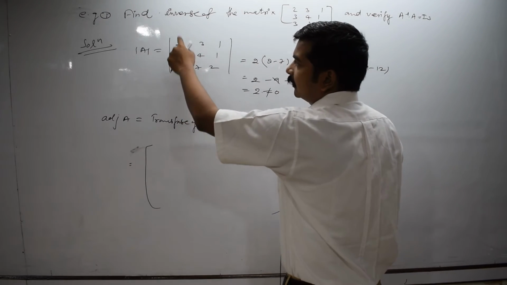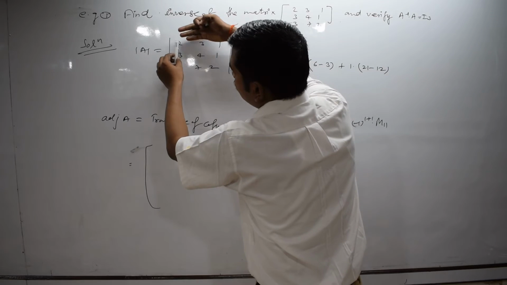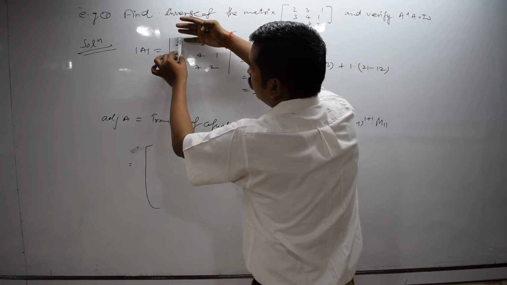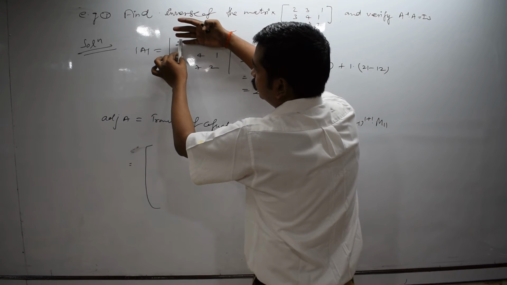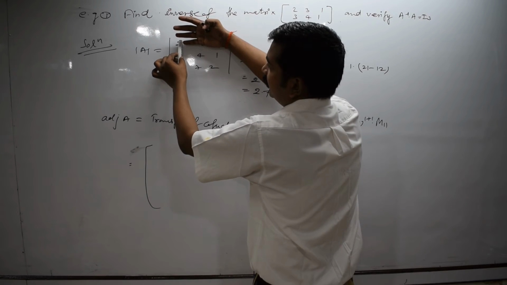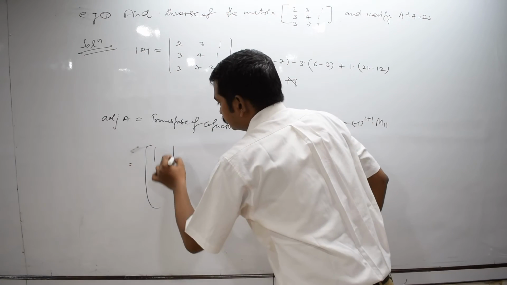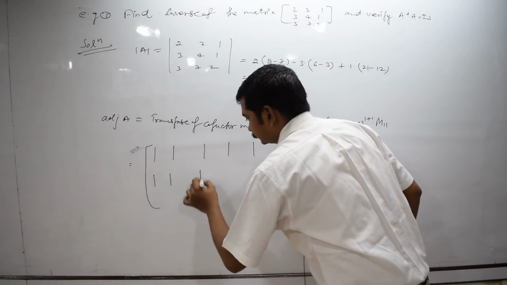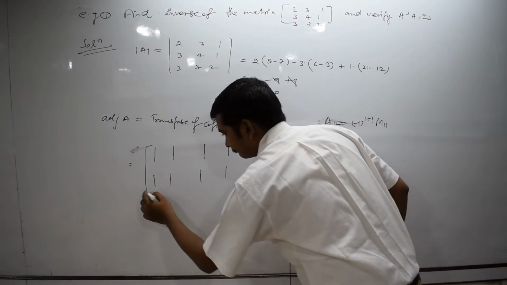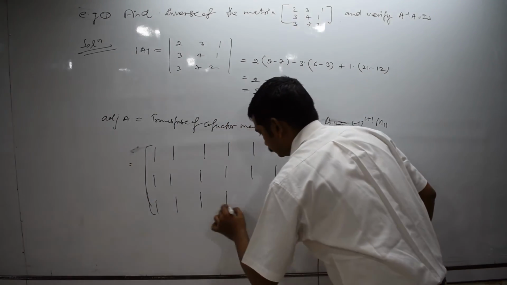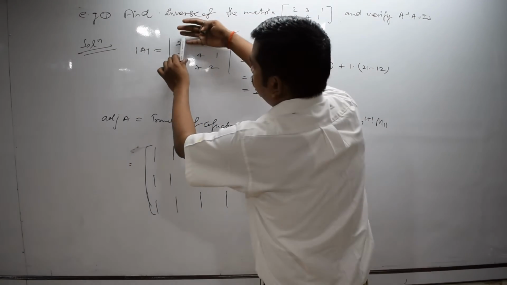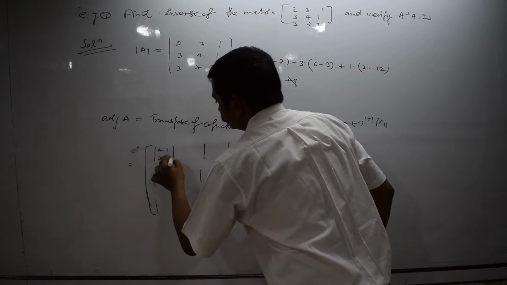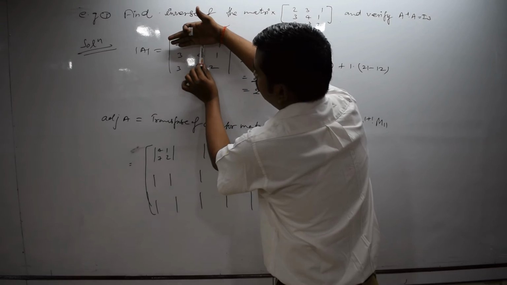If we find the cofactor with respect to 2, we cancel the row and column which pass through the element 2. Hence, we find a minor matrix like this. First of all, we form nine minor matrices. With respect to 2, the minor matrix will be 4 1, 7 2. With respect to 3, this will be 3 1, 3 2.